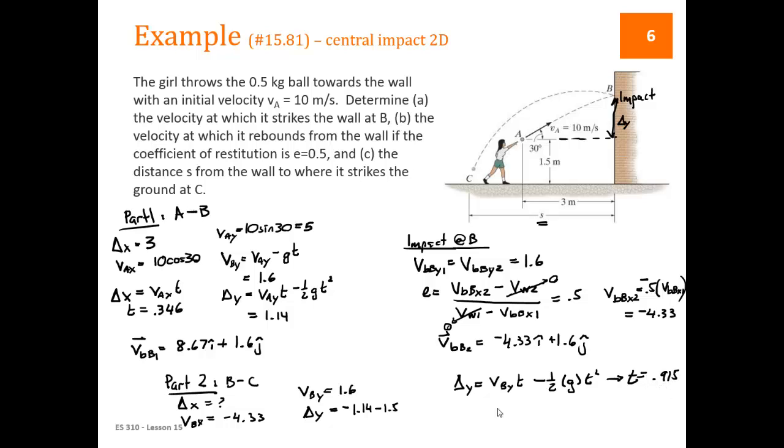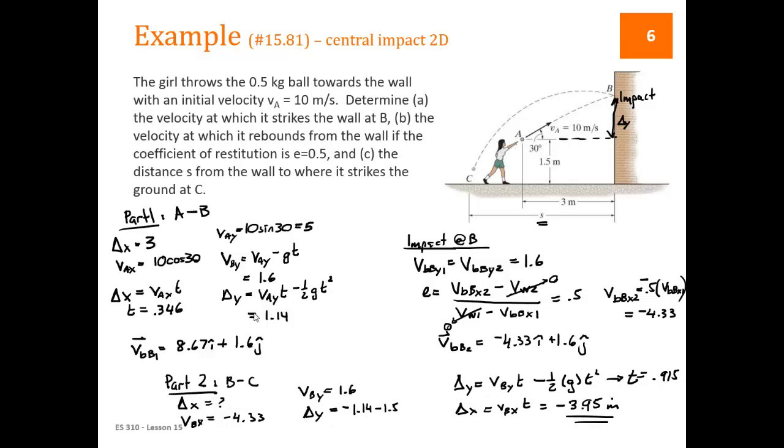And then knowing t, we can go to the x side and say that delta x is equal to VBX times t, which gives us negative 3.95 meters. All right, so it's moved backwards 3.95 meters. And that then is our final answer.